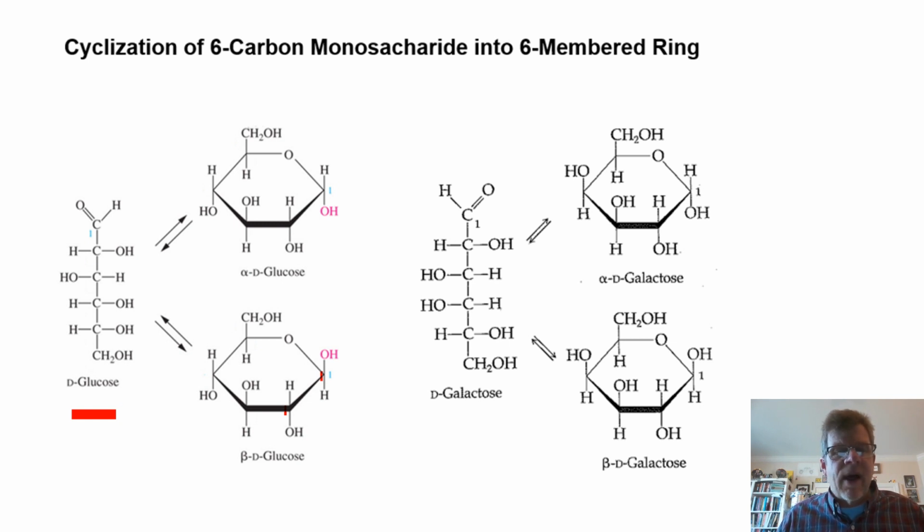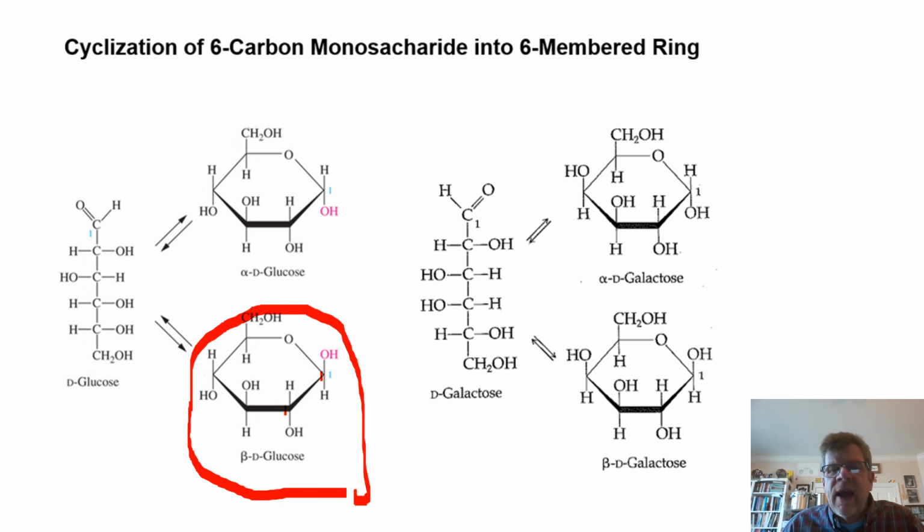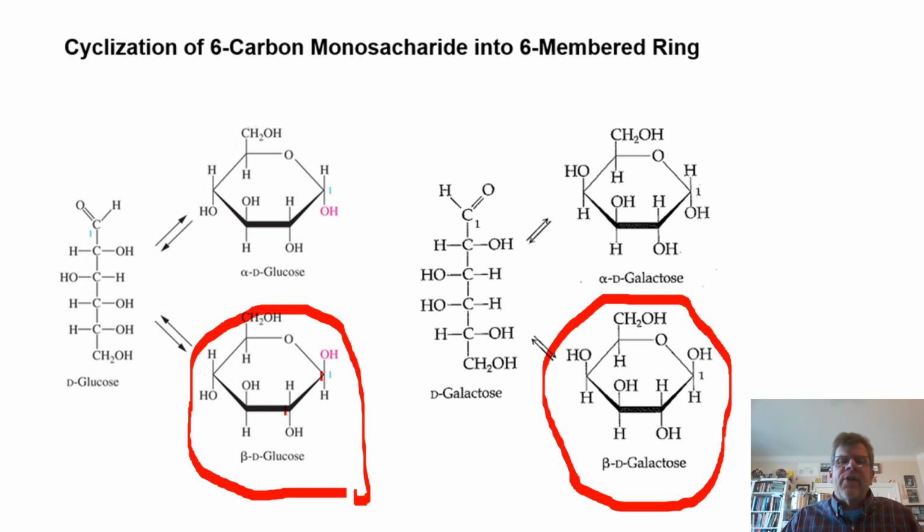But let's look at a couple of these, just to start getting used to structural differences. Let's look at the beta anomer of glucose and the beta anomer of galactose. If you put those two together, they look identical to me, and you'd be pretty correct because they look pretty identical.